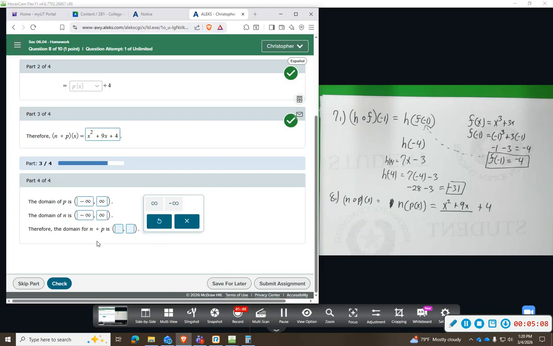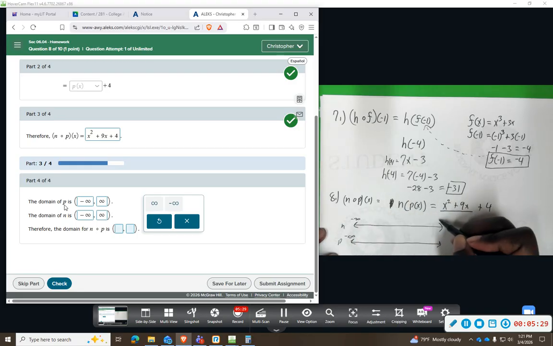The domain for n composition of p is going to be the overlap of those two domains. So usually when I try to find the domains, I'll do both of them and kind of stack them on top of each other. And wherever they overlap, that's where the final domain is.